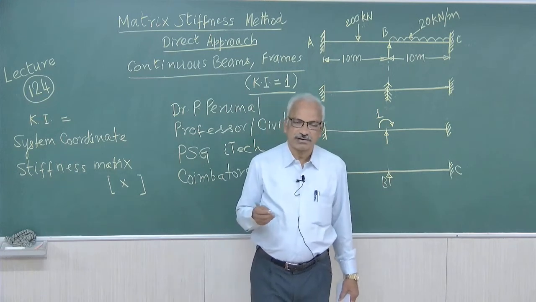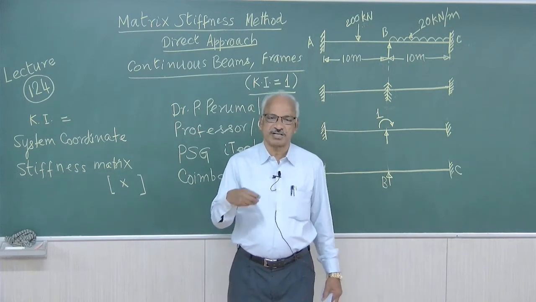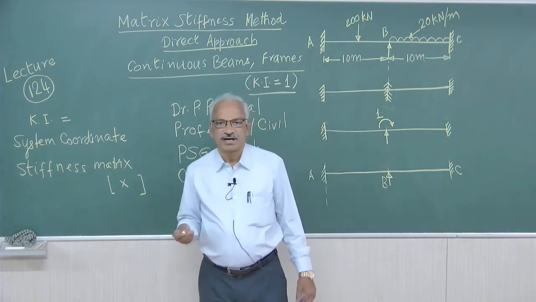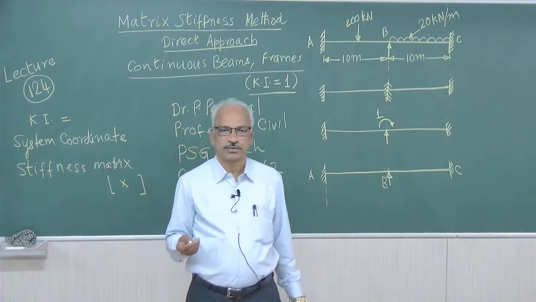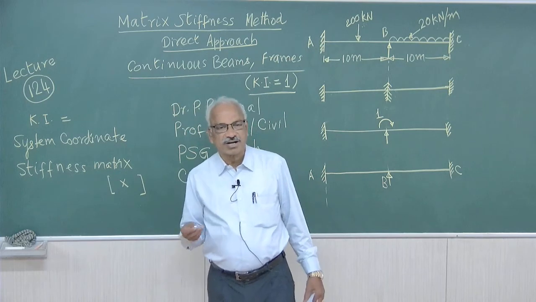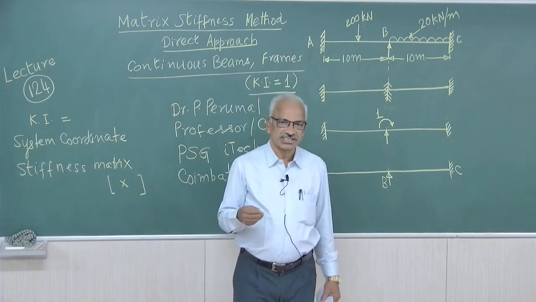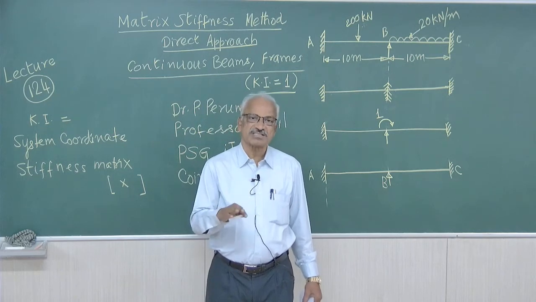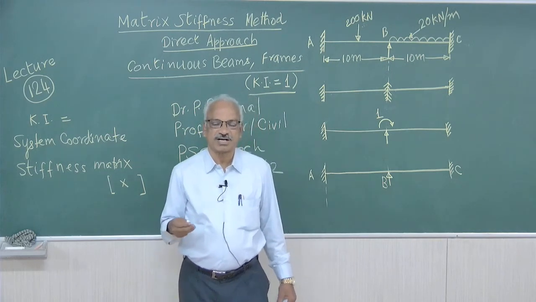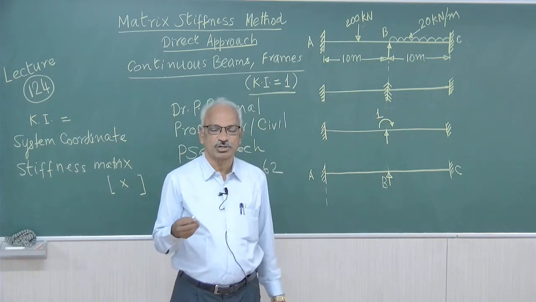Both problems we have done earlier were with the kinematic indeterminacy equal to 2. We have not done problems on structures with the kinematic indeterminacy equal to 1. Of course, it is comparatively simpler, still we have not discussed problems with Ki equal to unity.